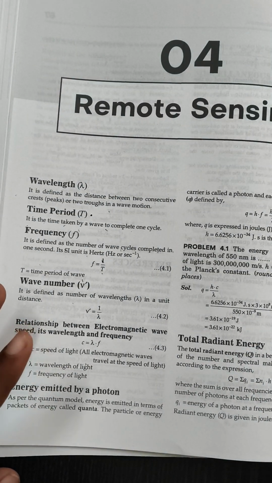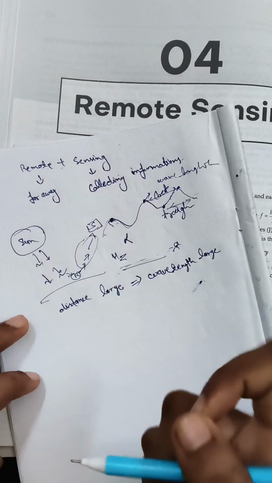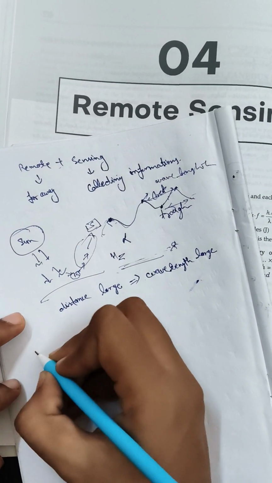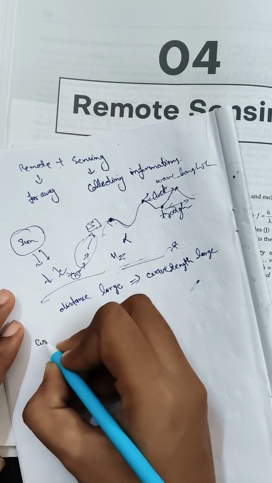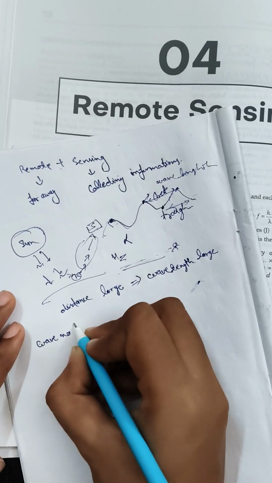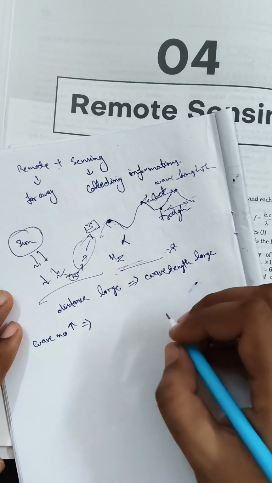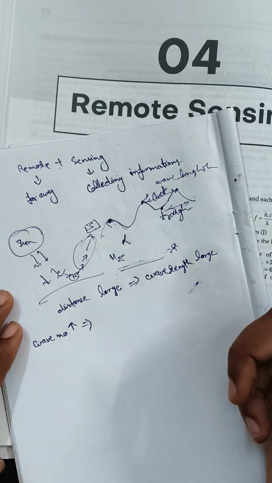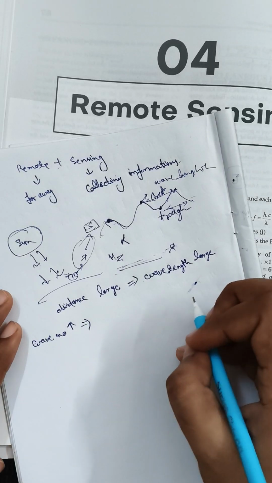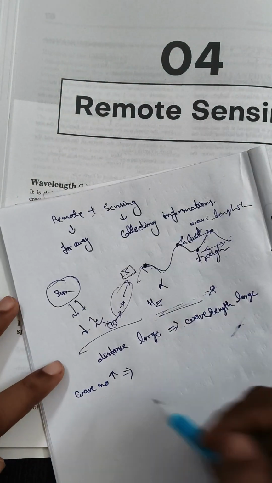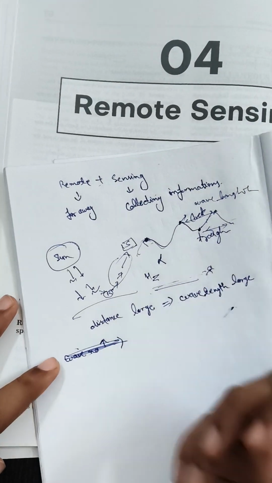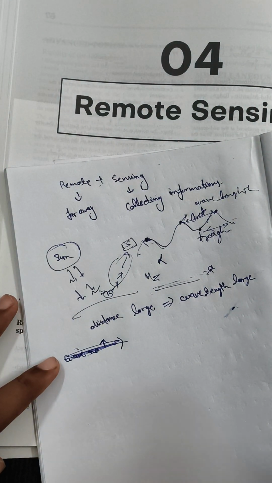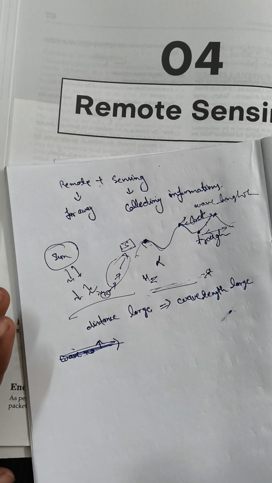If the wavelength is very large, then the wave number is low.